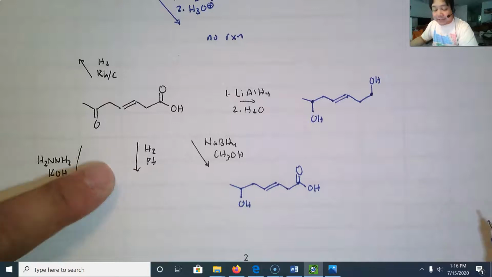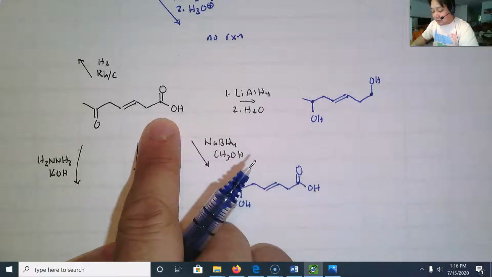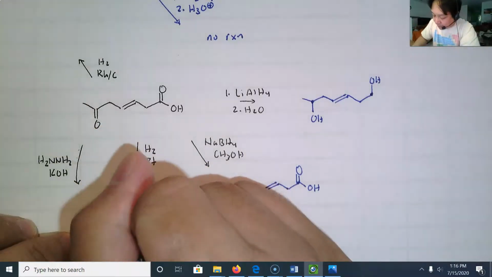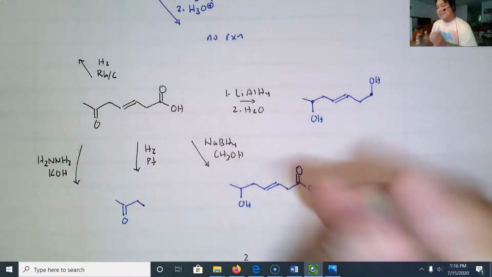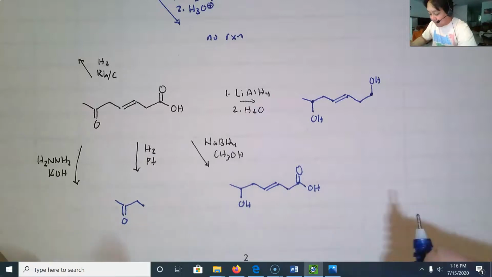H2/Pt can reduce aldehydes and ketones and carbon-carbon double bonds, not carboxyl groups. Thus far, you see that it's very hard to reduce a carboxyl group. You have to use lithium aluminum hydride, but I messed up here.